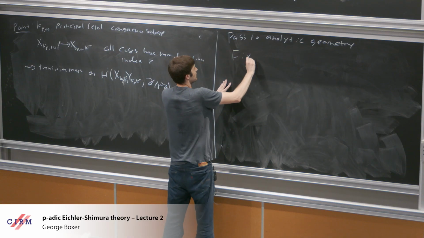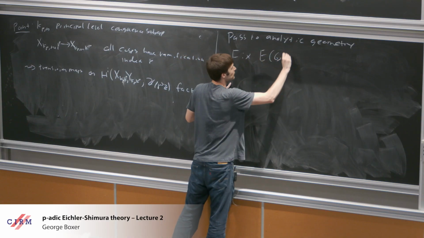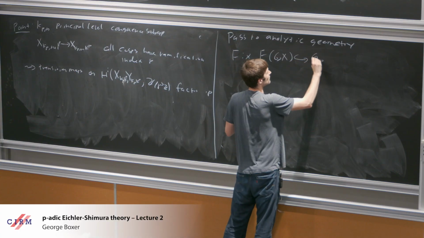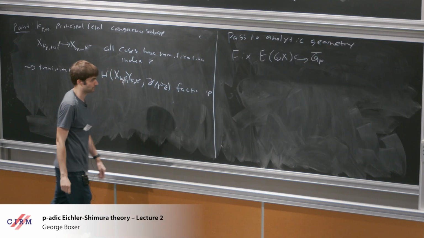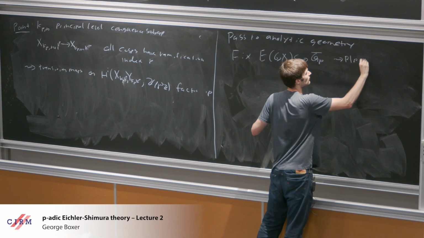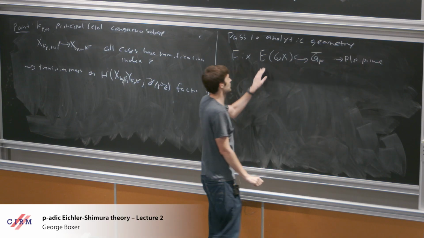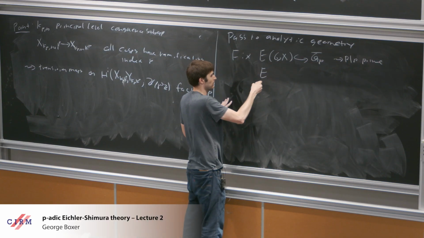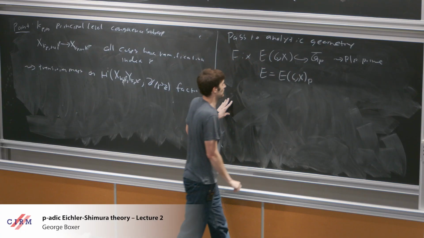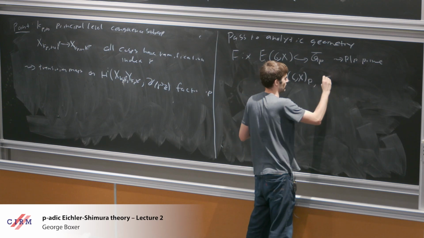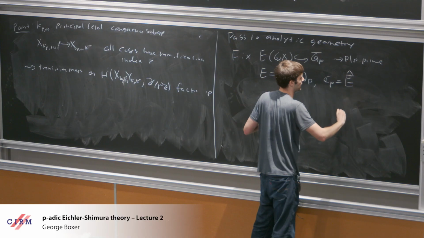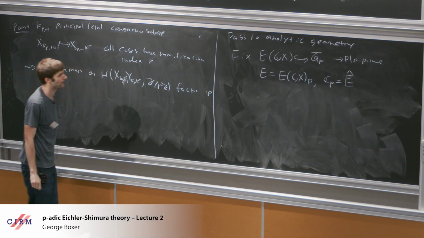So I'm going to fix an embedding of the reflex field into Q_p bar, which gives me a prime of the reflex field. And I'm going to let my coefficient field E be the p-adic completion of the reflex field. And in fact, I'm really just going to go ahead and work over C_p, which is going to be the completion of the algebraic closure of E.